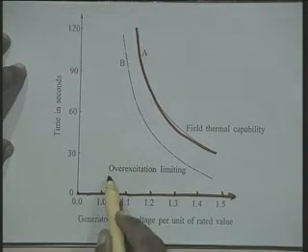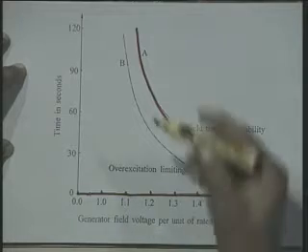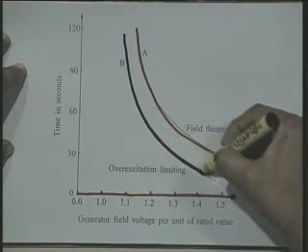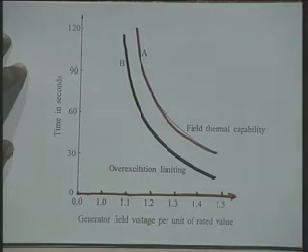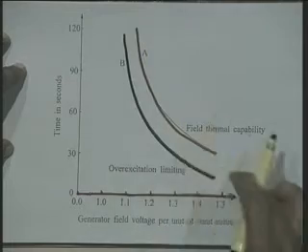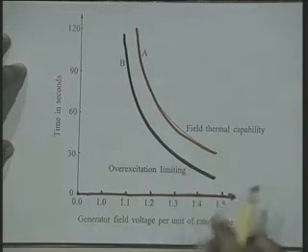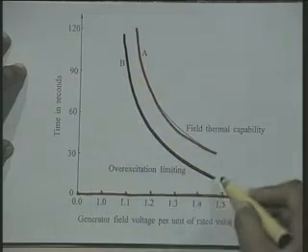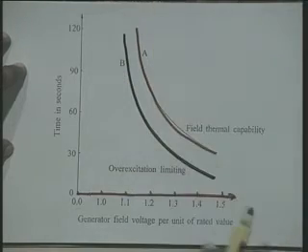And the characteristic of the overexcitation limiter is to be coordinated with respect to the field thermal capability. You have to always keep some margin, and therefore the characteristic of the overexcitation limiting is given by giving some margin.